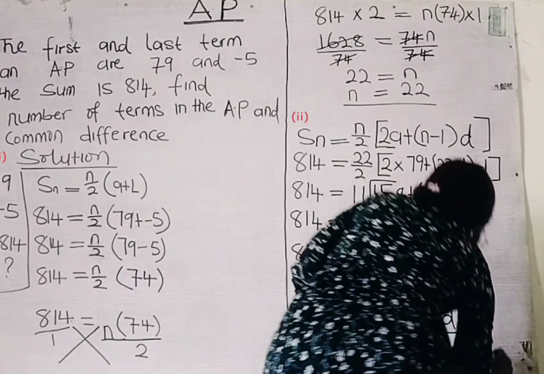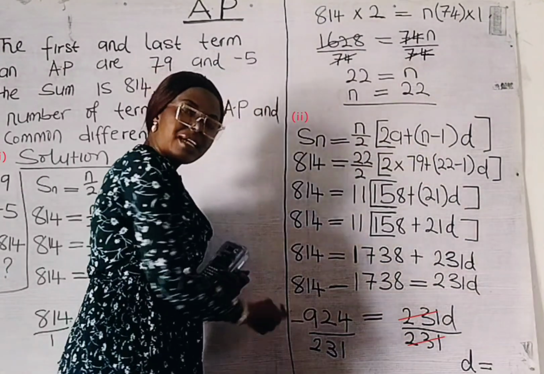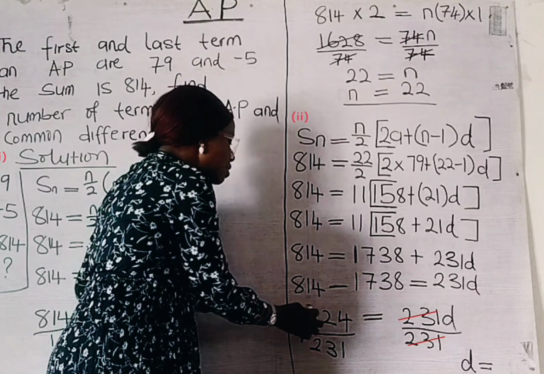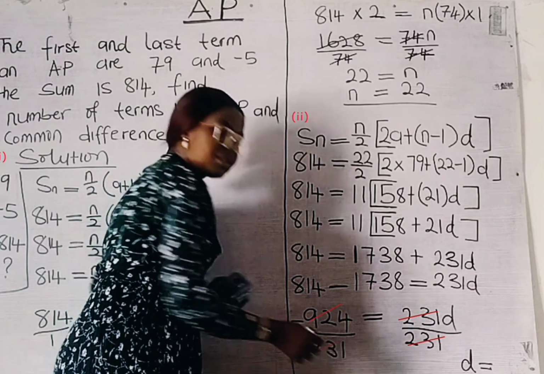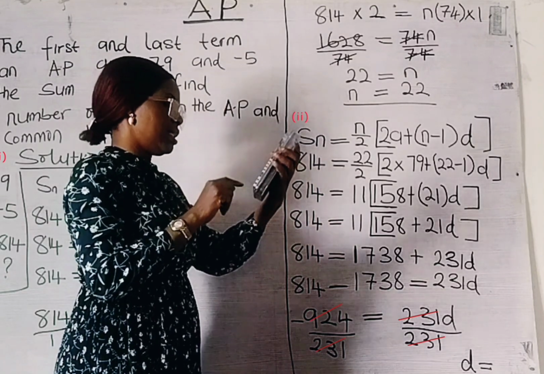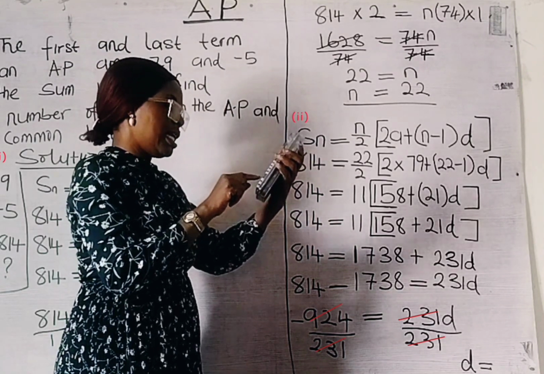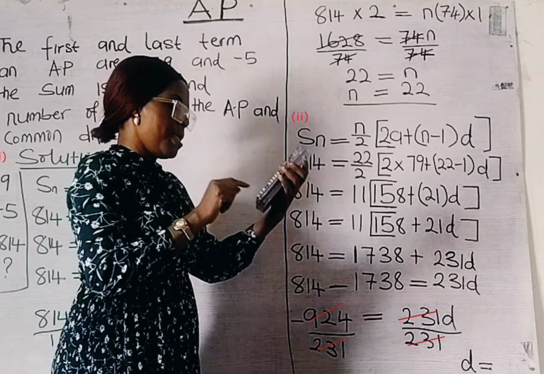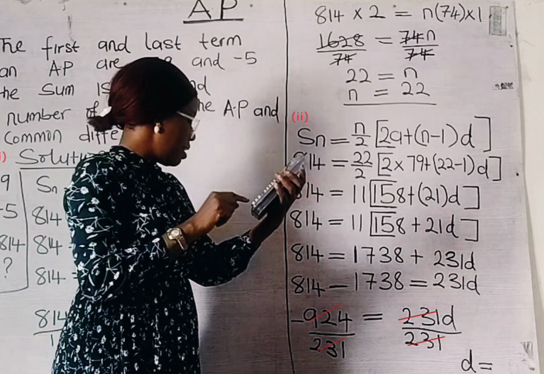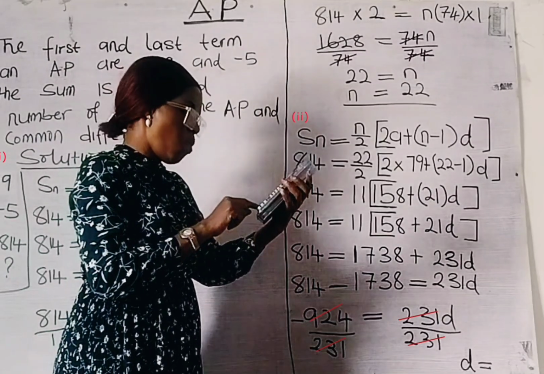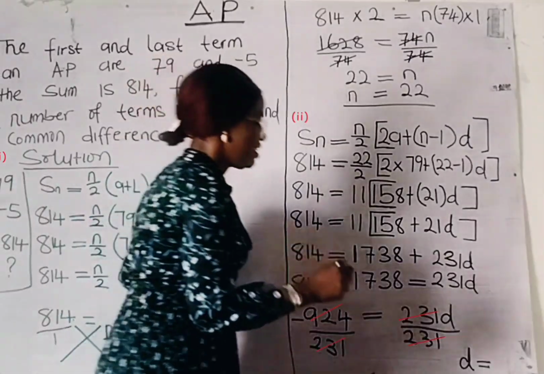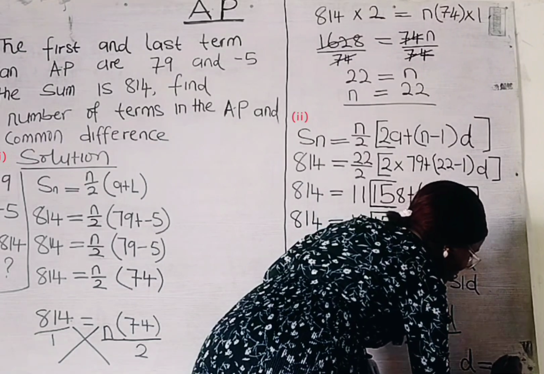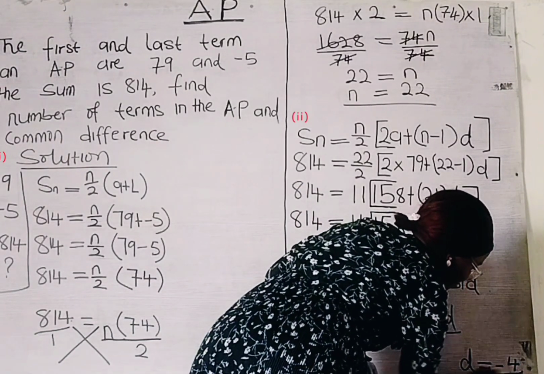is equals to, come to this side and we say minus 924 divided by 231. Let's use calculator for it. Minus 924 divided by 231 gives us minus 4. Write it, minus 4.